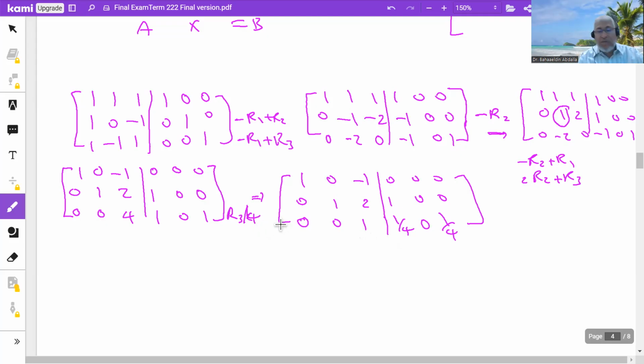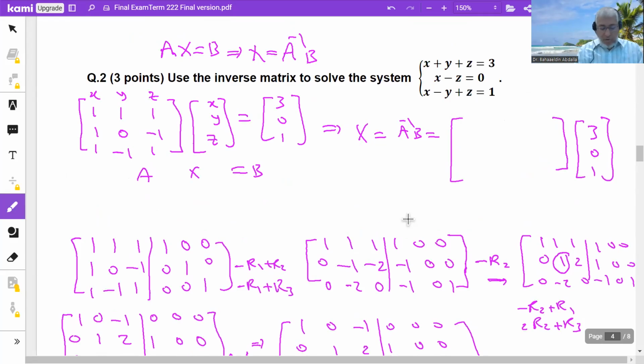Well, I checked by the calculator and I found that there is a problem. Let me check by the calculator. How would you check by the calculator? You go to the matrix mode and you choose 1, for example, 3 by 3, and you write the numbers 1, 1, 1, and then 1, 0, negative 1, and then 1, negative 1, 1.